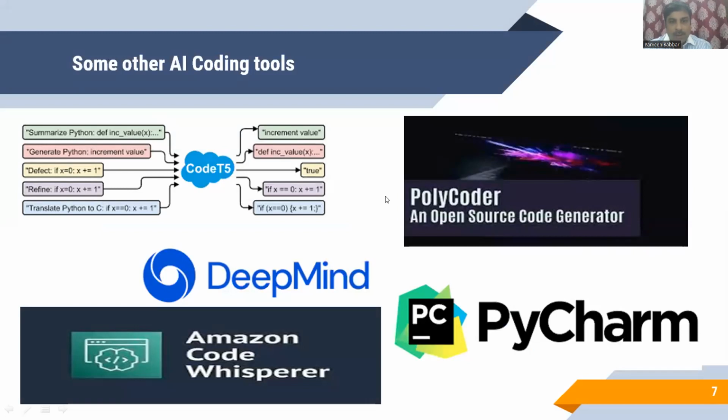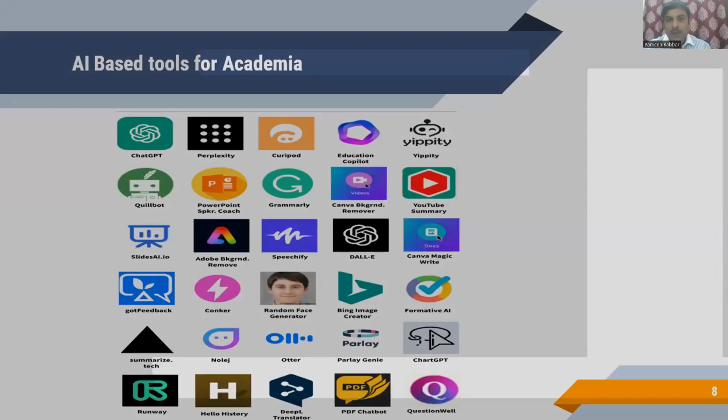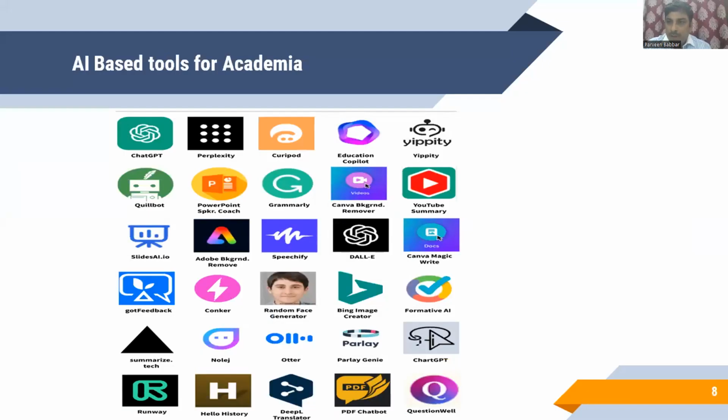Okay. Then there is DeepMind. There are other kinds, like Amazon's code tool, also available. Then there is a PolyCoder, which is also available. In general, there are multiple kinds of AI-based application tools available. Like my colleagues will be sharing, Grammarly, we have been using for multiple years, and that has now also integrated with AI applications.